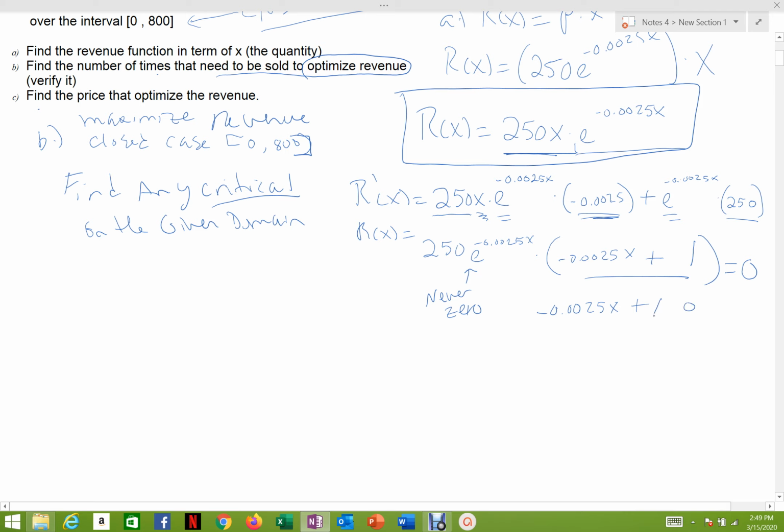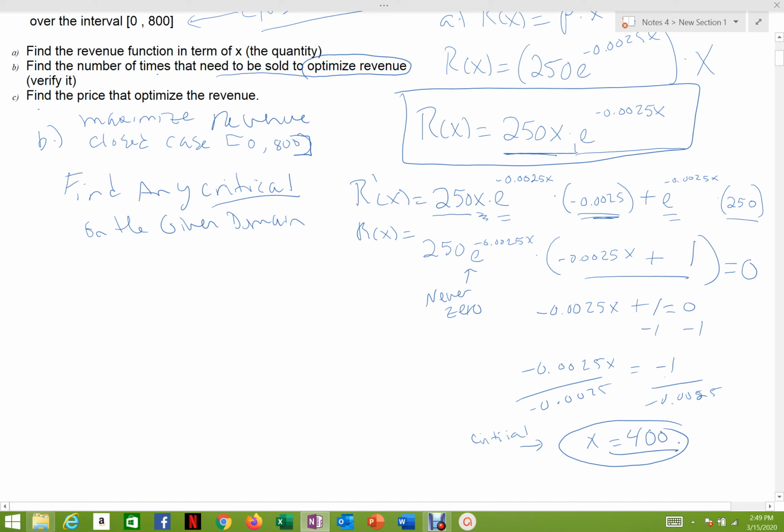I forgot my 1. So I'm going to move 1 to the other side by subtracting it. So I get negative 0.025x equals negative 1. Divide by that decimal. And when you take negative 1 divided by that negative 0.025, you get out a positive 400. And so there's my critical value.